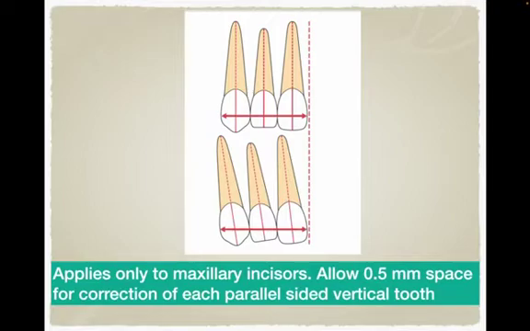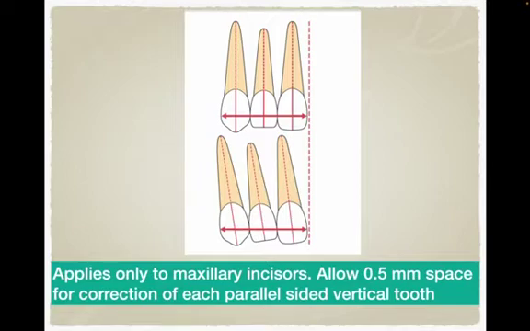Now, what you need to think about is that if the tooth was over tipped before we start the treatment, let's assume that we need positive 5 because it's mesial tipping of the central incisors. If before the treatment they are positive 10, and you upright them into positive 5, that gives you space.